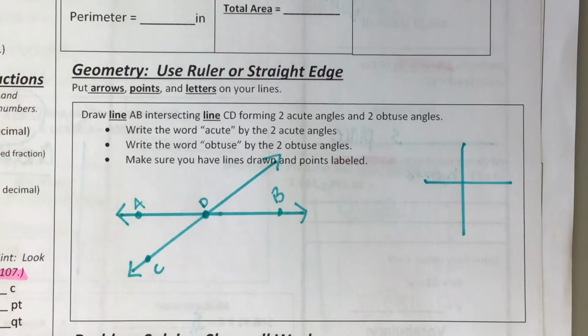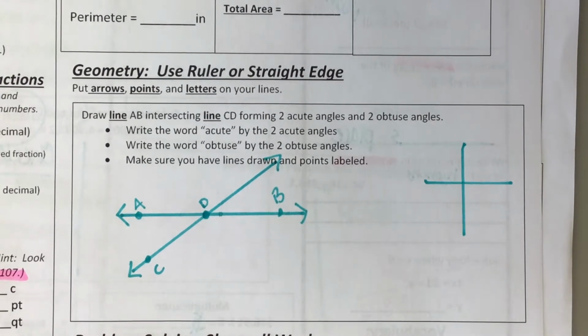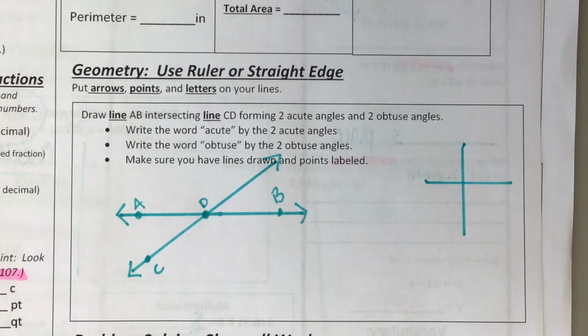Now, who can point to the acute angles? There are two acute angles. Acute means less than 90 degrees. Who can point to those? Riley? Okay, very good.